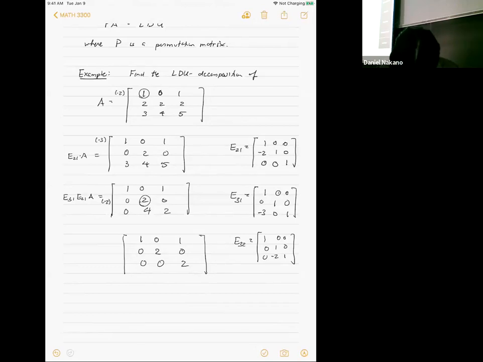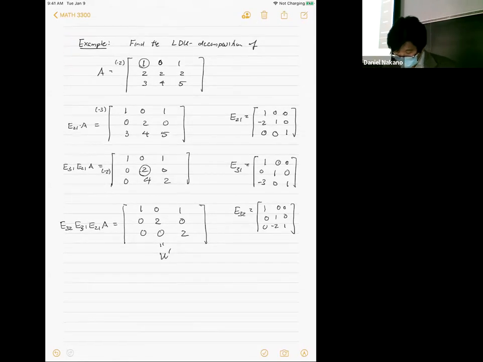Okay, so this is going to be E32, E31, E21, A. Okay, everyone all right with that so far? Okay, so great. Now this is going to be U prime. Okay, it's in echelon form, and this is going to be L inverse, right?